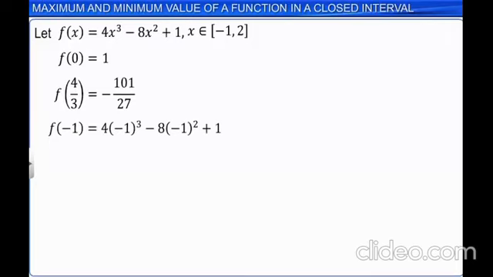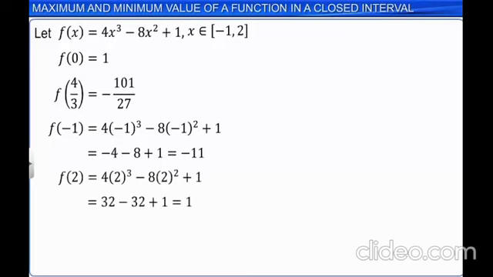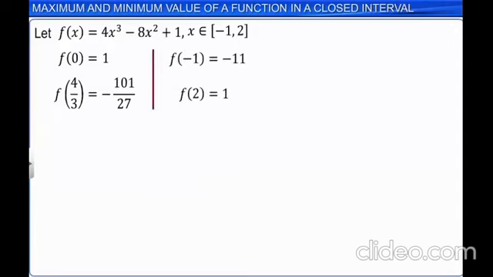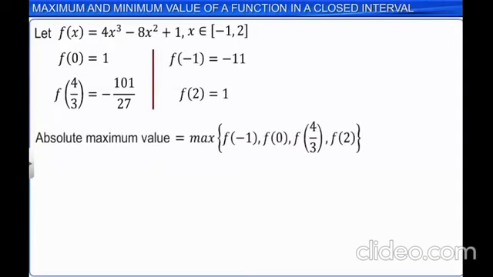The absolute maximum value is the maximum of all the values of the function at these critical points as well as at the end points. Thus we conclude that the absolute maximum value of f on the closed interval [-1, 2] is 1, occurring at x = 0 and x = 2.